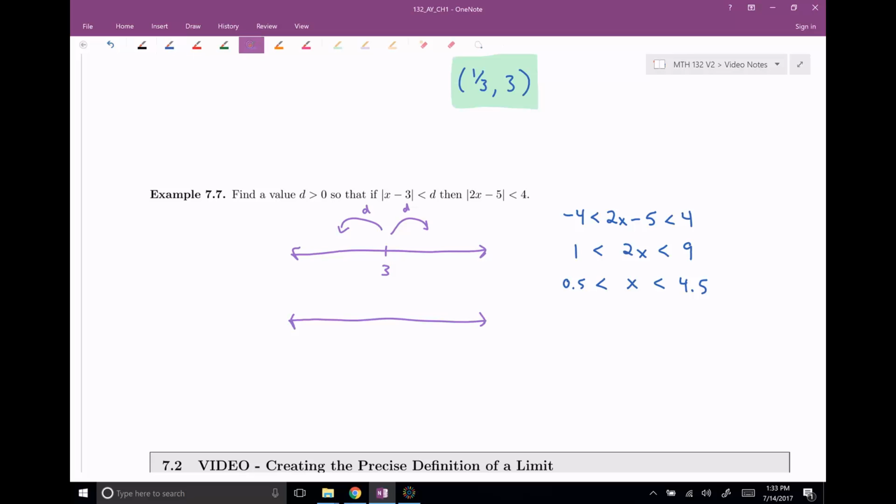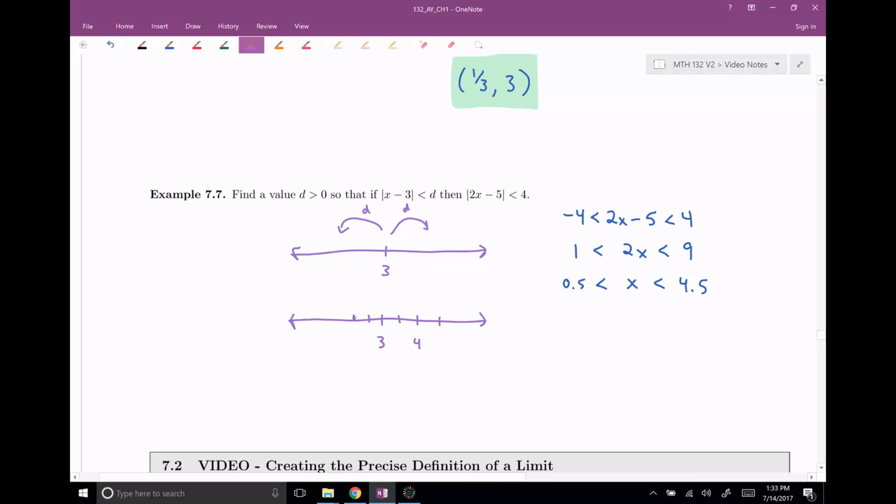Okay, so let's go ahead and sketch our solution here, right? We want x to be between 0.5 and 4.5. So here is 3, and let's take steps of a half. So that would be 4 right there, and then 4.5. And let's go down.